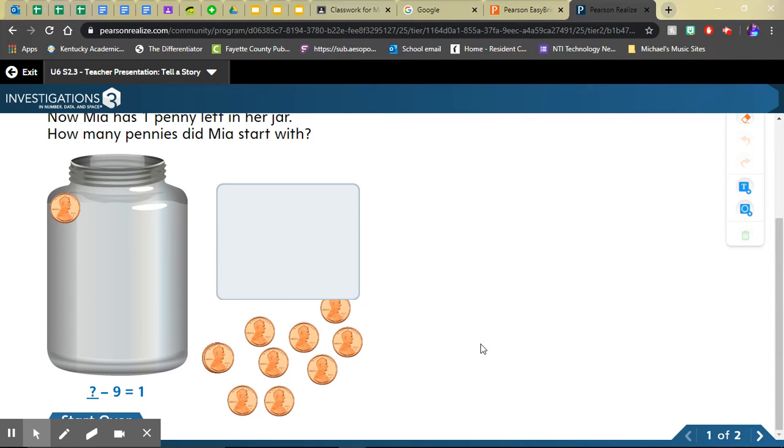If you came to the answer of 10, then you are correct. She had 10 pennies in her penny jar. Then she took away 9, and now she has 1. 10 minus 9 equals 1.